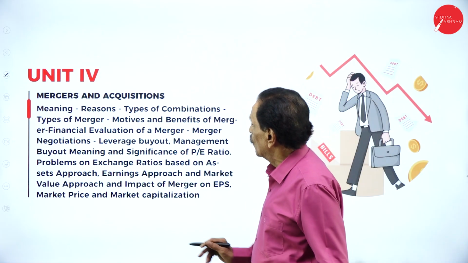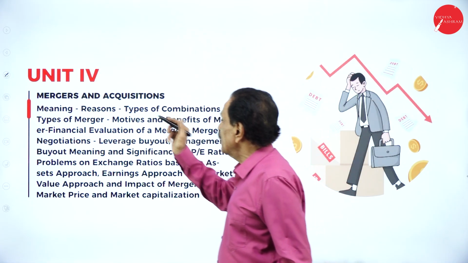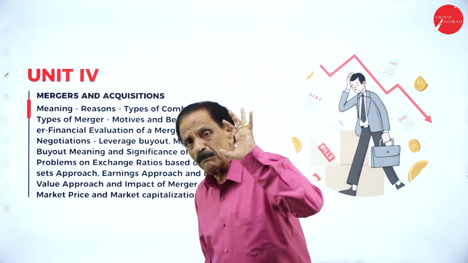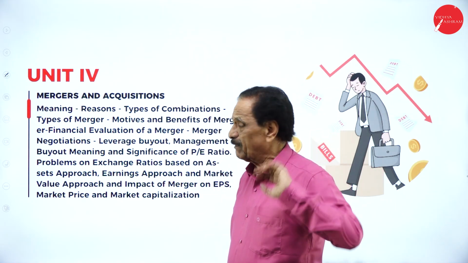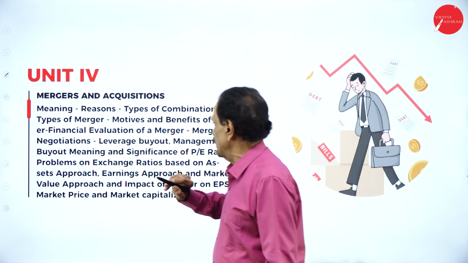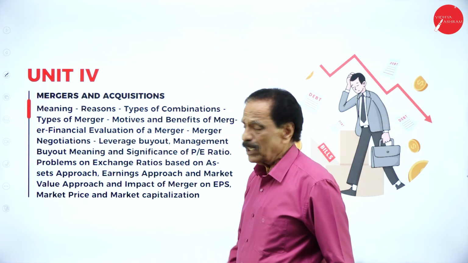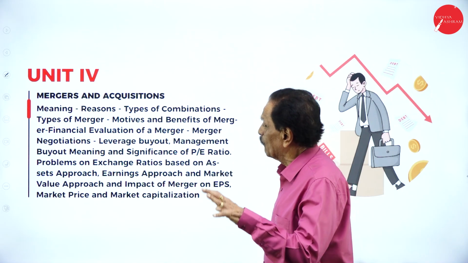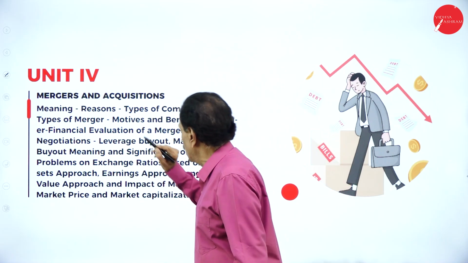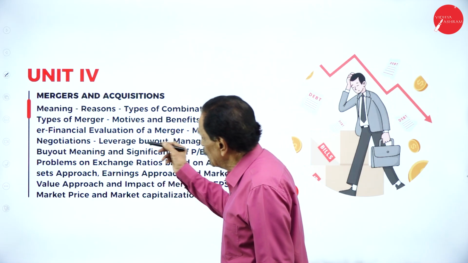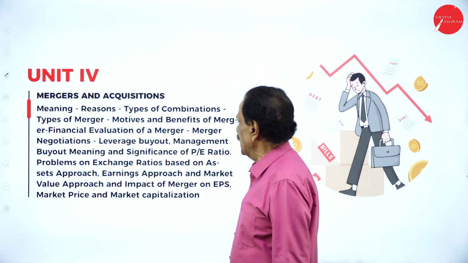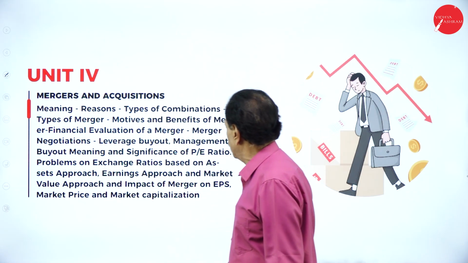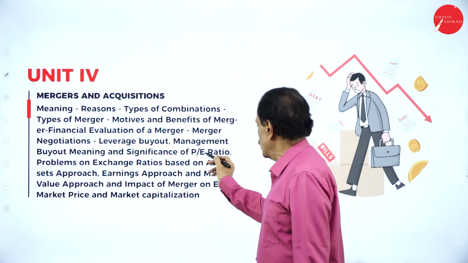Then we'll go to Unit 4, merger and acquisition. Here we are going to explain what you mean by merger and what you mean by acquisition. Meaning, reason, types of combination, types of merger, motives and benefit of merger, financial evaluation of a merger, merger negotiation, leveraged buyout, management buyout, meaning and significance of price earning ratio.